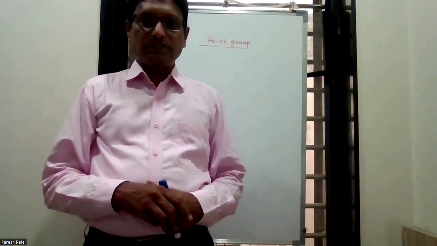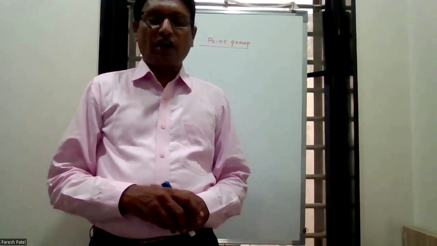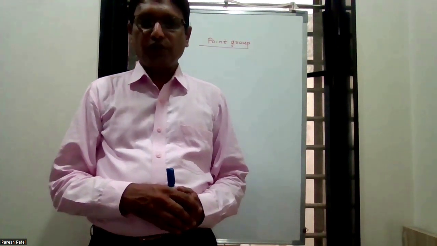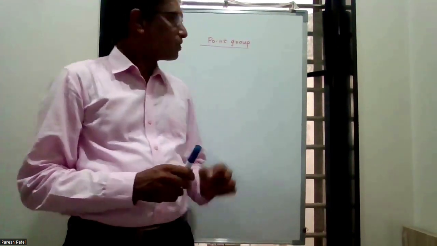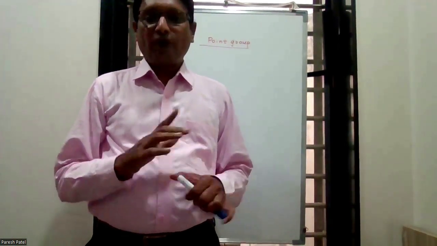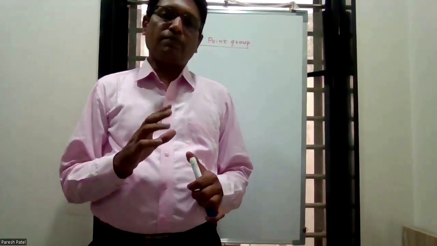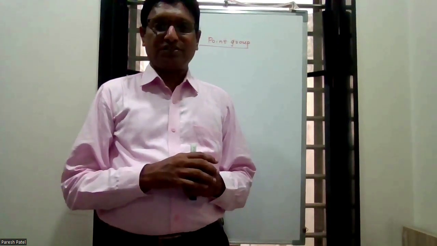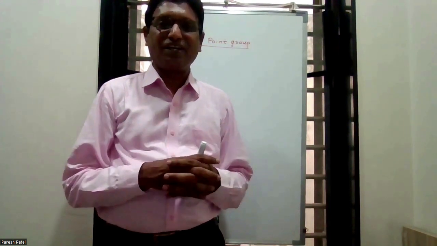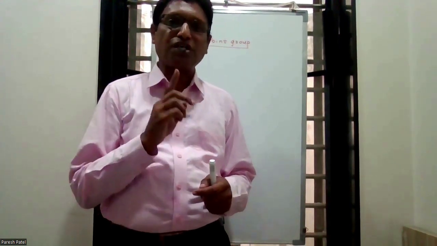Dear participants, now we are going to see how to assign a point group to molecules according to the Schoenflies method. So let us start with the point group. A point group may be defined as a collection of different symmetry elements and their related symmetry operations which meet at a point.